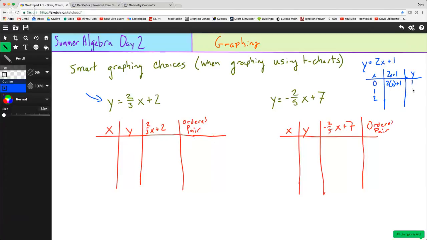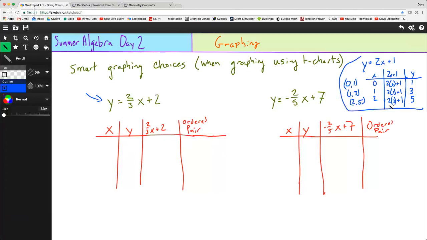In this case, we have 1. 2 times 1 plus 1 is 3. 2 times 2 plus 1, that's a y of 5. We did all this in class today, so I'm trying to get to the harder stuff with my examples, but I'm just reminding you what we did. So our points that we would graph in this case are (0, 1), (1, 3), and (2, 5).